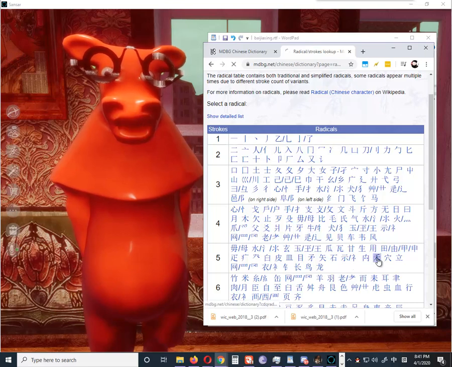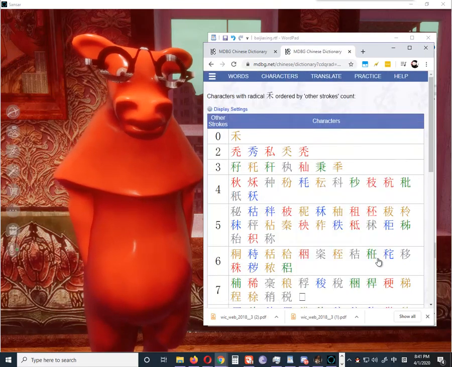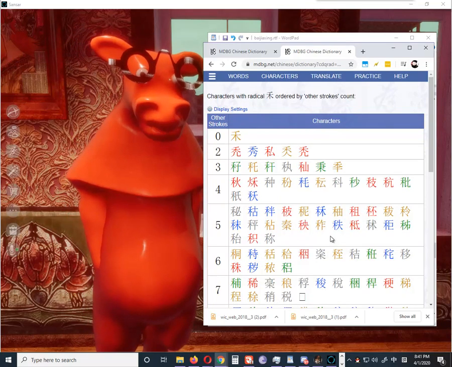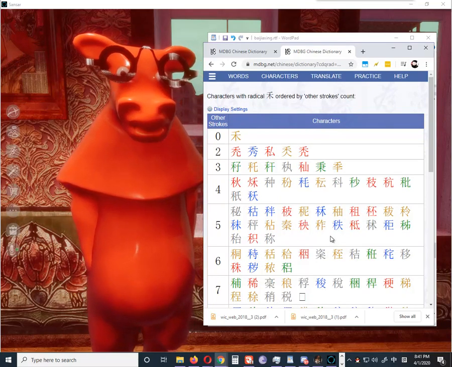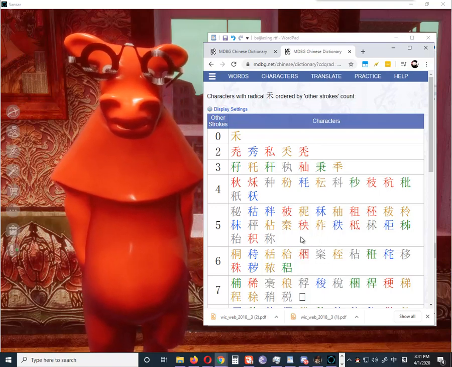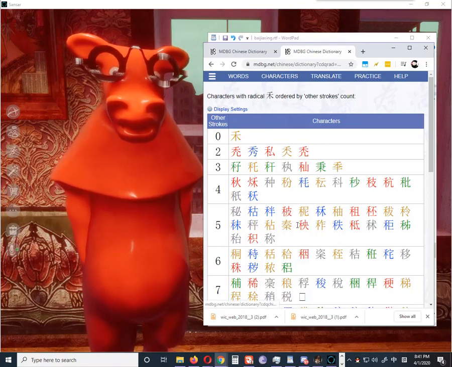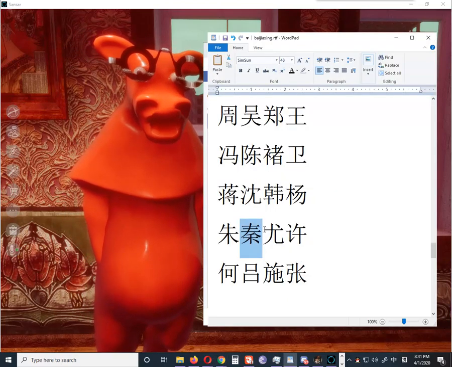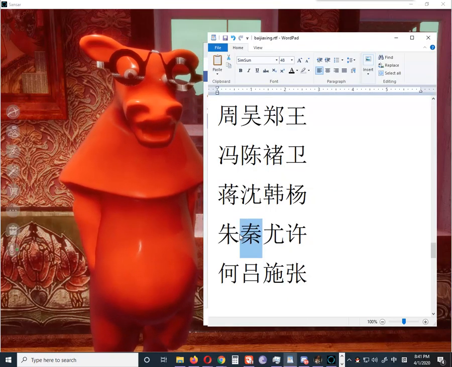And look, there it is. And is it plus 5 or... Let's take a look. I'm going to look at the character one more time. I got 1, 2, 3, 4, 5.